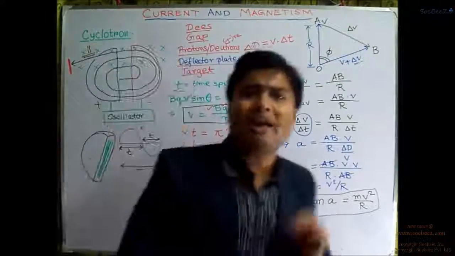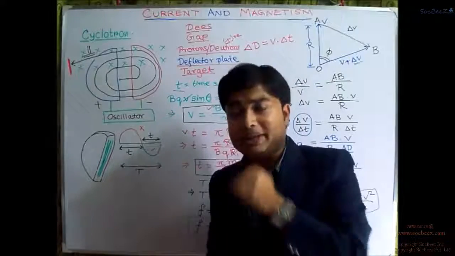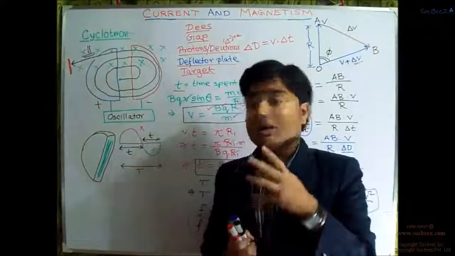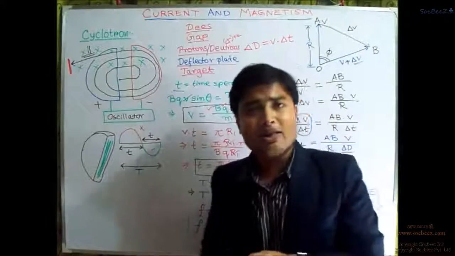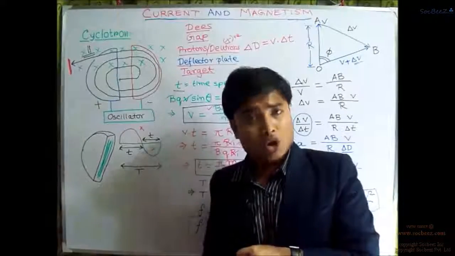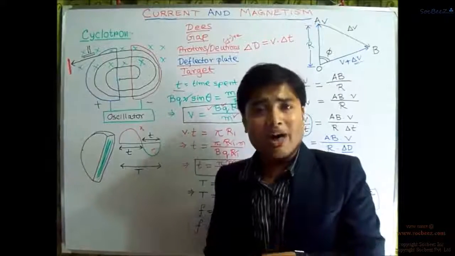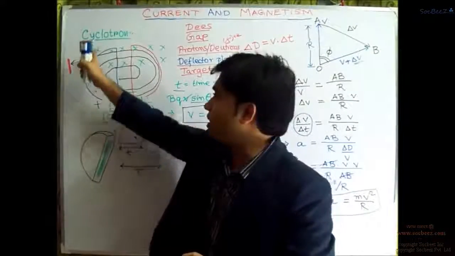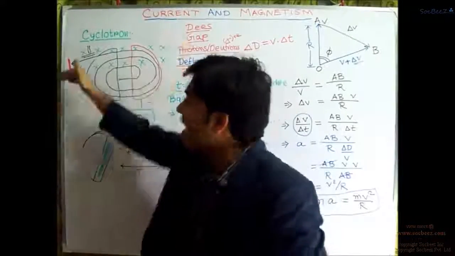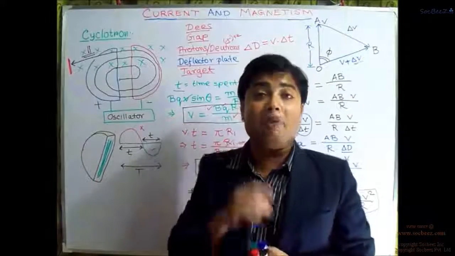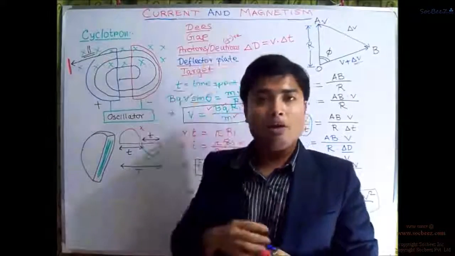This cyclotron is a basic device which is used to accelerate particles. But why do we need to accelerate the particle? Because we want that when it goes out through the deflecting plate to hit a target, its kinetic energy must be at its peak, right?